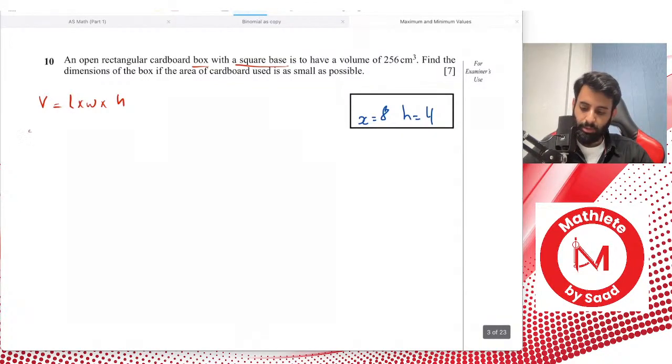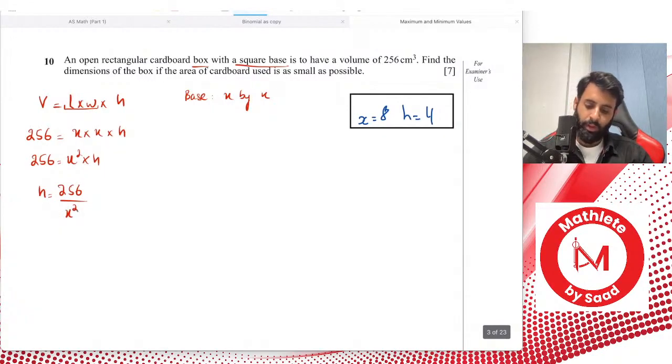So that means 256, which is the volume, if the base is a square, so let's say that the base is x by x, 256 equals x square into h. So what is h equal to? h is equal to 256 over x square.